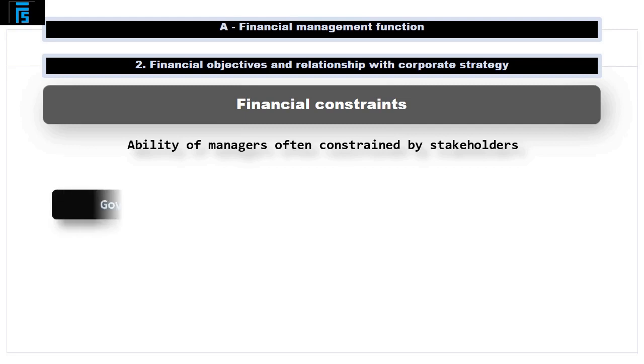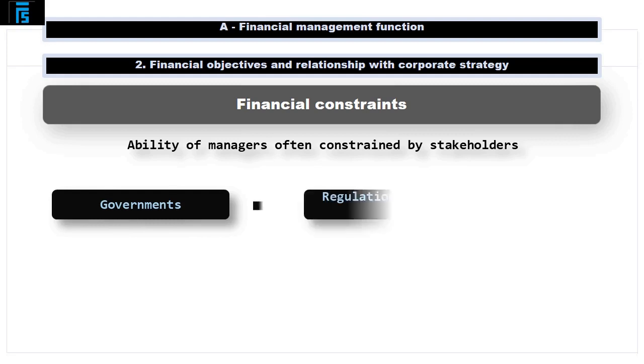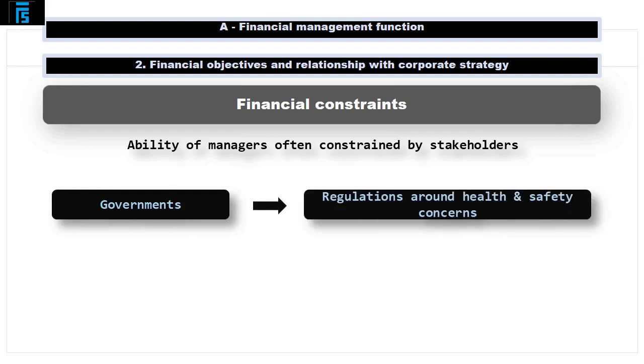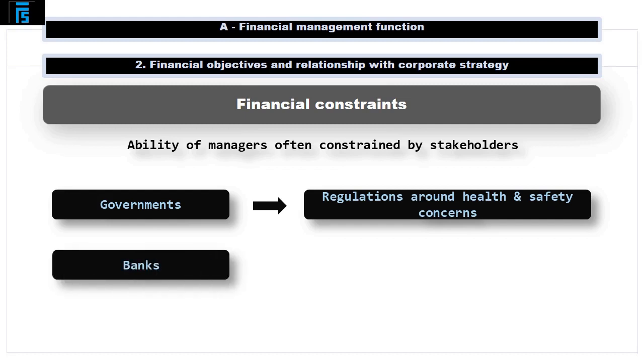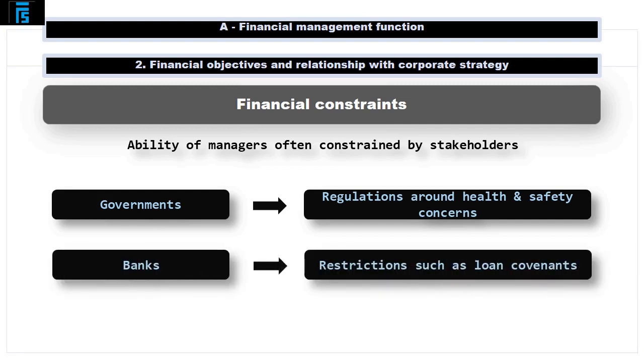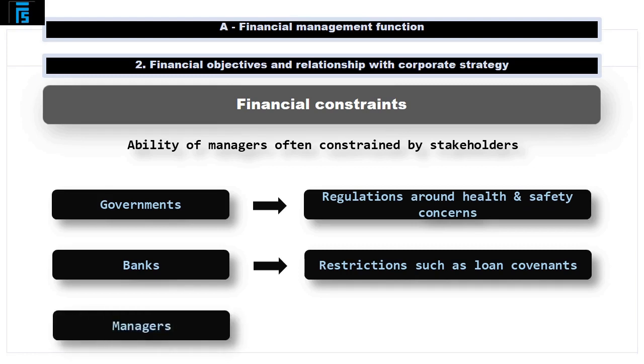Examples may include governments may impose regulations around health and safety concerns, or refuse to allow acquisitions if they see them as reducing competition. Banks may impose restrictions, referred to as loan covenants, in an attempt to ensure that loans are repaid. For example, they may limit the size of dividends or restrict the amount of other borrowings.